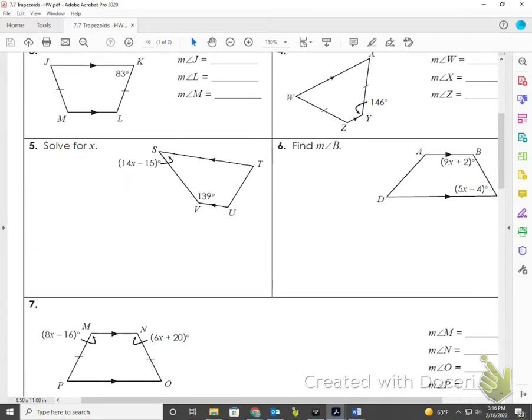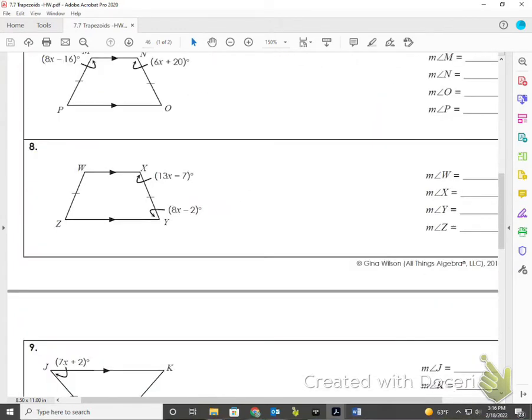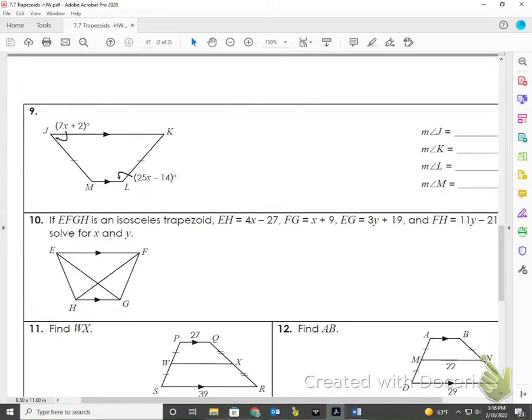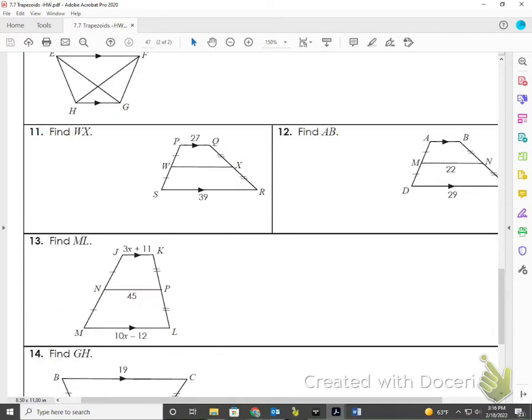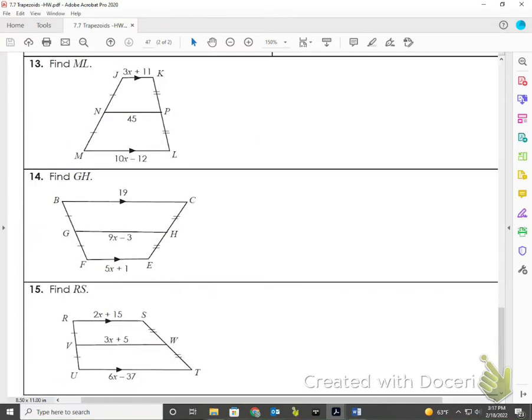They're non-isosceles. 7, see how they identify that the legs are the same? 7, 8, 9, 10 is isosceles. 11 won't be. 12 won't necessarily be.